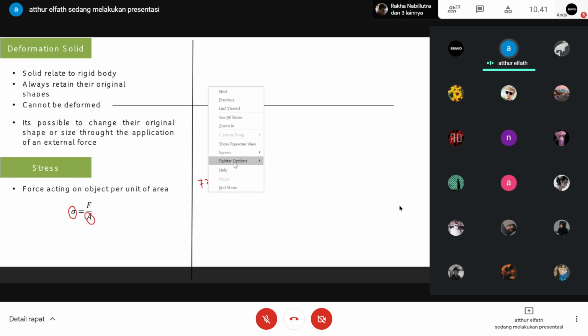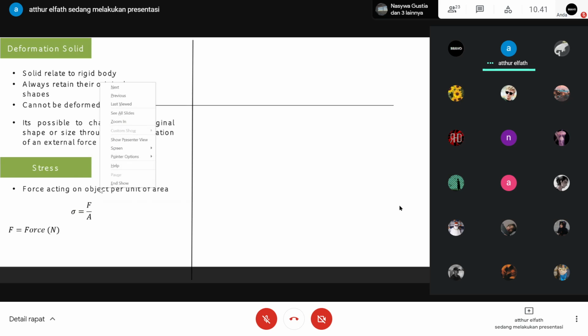So this is the relation between stress and area and between stress and force. F means force and the unit is Newton, and the area unit is meter square. So this means the stress unit is Newton per meter square.